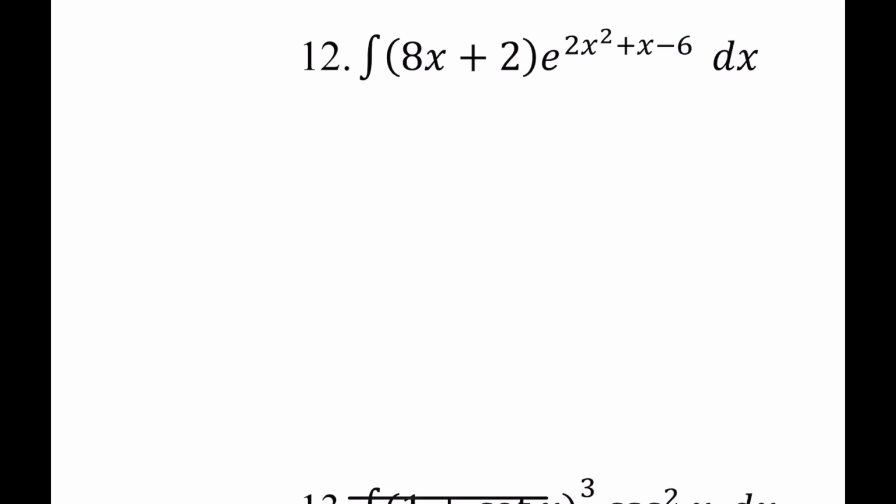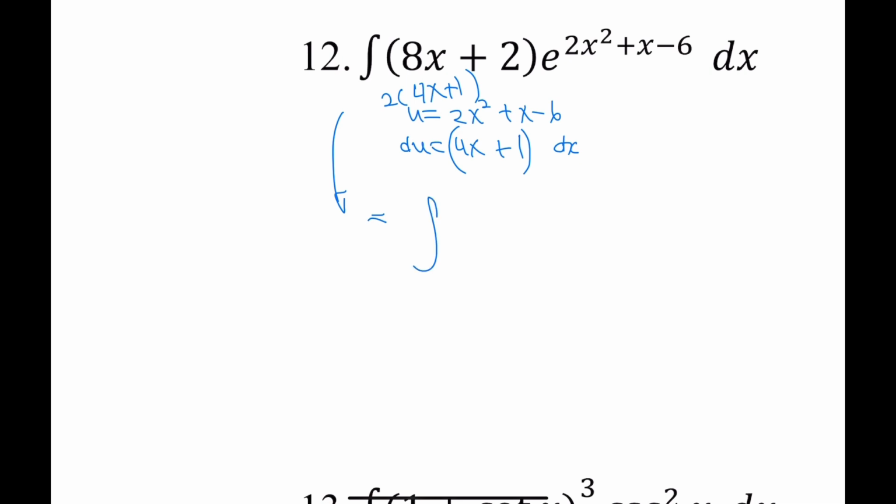Yeah, and then we have our inside function of u equals 2x squared plus x minus 6, du equals 4x plus 1, right? And then dx, obviously. Let's see. And then we have something similar right here, right? We have 8x plus 2, which is basically 2 times (4x plus 1). Let's just plug in what we know. So e to the u, and then we also have du equals (4x plus 1) times dx, right?